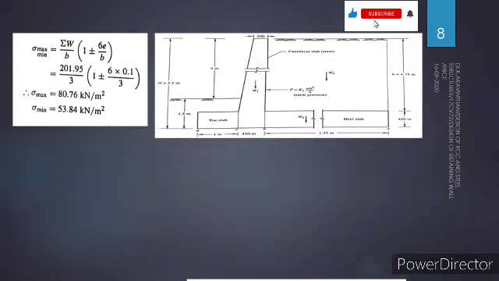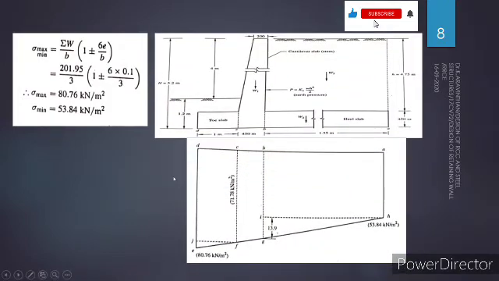Next part. Let us find the pressure. So far we found out the stability concept and we have checked the resultant force eccentricity. Now let us find the soil pressure. Due to the forces which consist of W1, W2, W3 and this active earth pressure, you will be transferring some load to the soil below the footing.